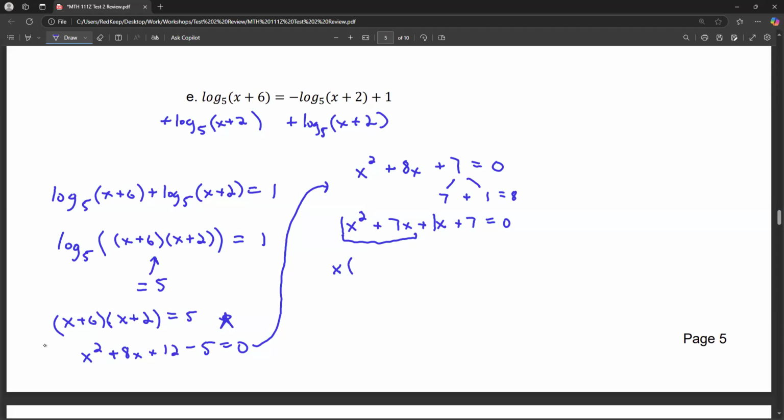Right? And so I'm pulling an x out of the x squared. There'll be an x left. And then pulling an x out of the 7x, there's going to be a 7 left. Just like that. I'll close the parentheses, right? And now I'm thinking about this one. Is there anything in common between the coefficients and the variables?